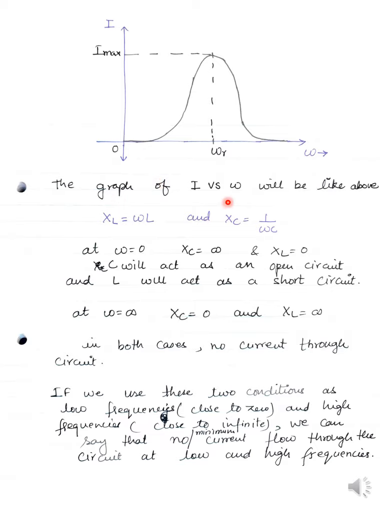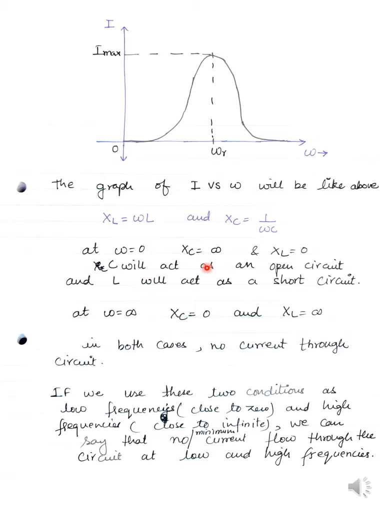So the graph of I versus omega will be like above, and as we know, inductive reactance is XL equals omega into L, and capacitive reactance is XC equals 1 divided by omega C. Now if you see this at omega equals 0, or you can say at DC, if you are applying a DC voltage supply, then XL will be 0 and XC will be infinite.